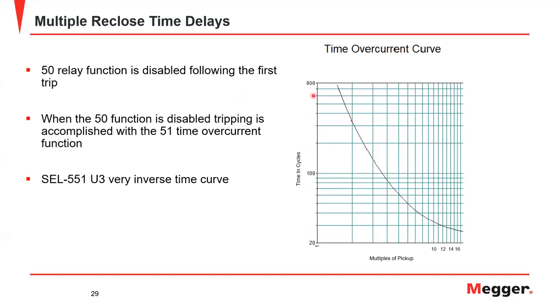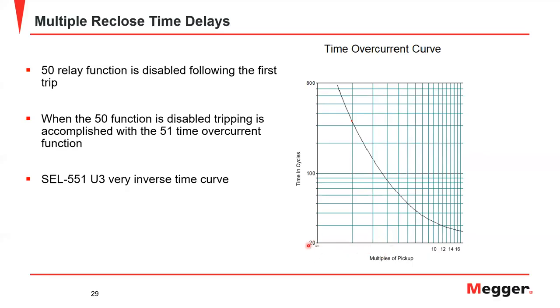So in this case, it's set up to give me time in cycles, and on this axis we have multiples of pickup. Notice that it's a log graph. Pickup, by definition, is the tap at which the timing begins. So if we have a relay set on 10 amps, this 1 would be 1 times pickup, or 10 amps. With this being 10, you can see that this becomes 2, 3, 4.